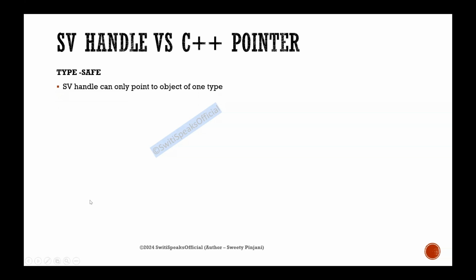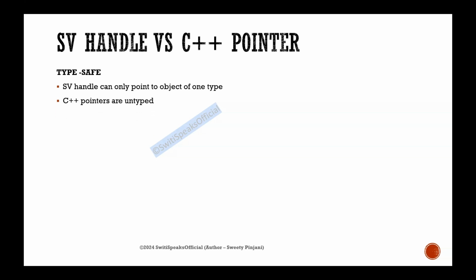That's why SystemVerilog handle is called type safe, because the type for this handle is fixed. The type for a SystemVerilog handle is the class for which you are going to create the object. That is the only type for the SystemVerilog handle.